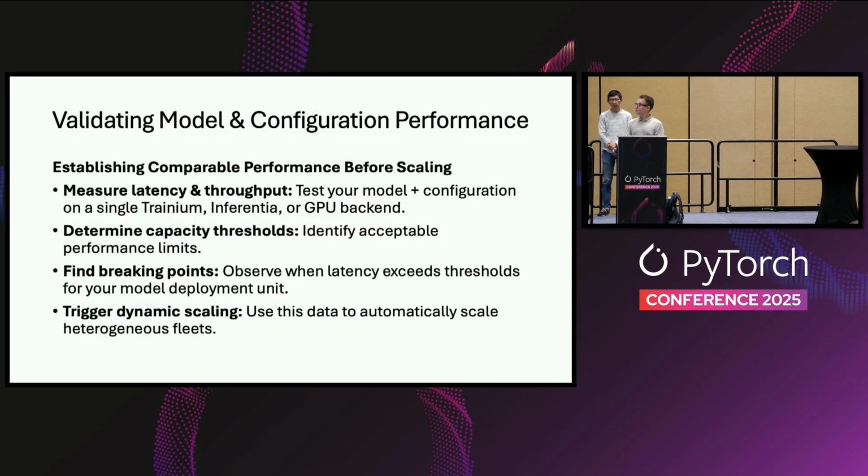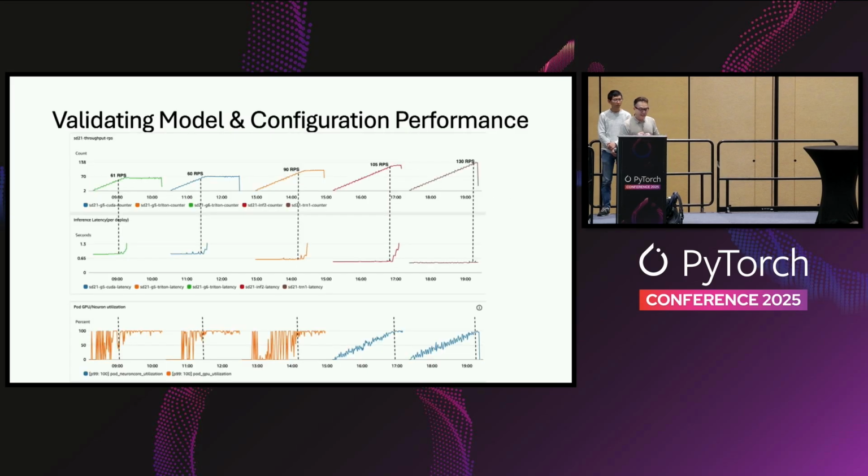And so by now, what we did, we took our AI application and we validated the model, validated the model configuration and performance. The next step is to find the breaking point of that application. And what does it mean?